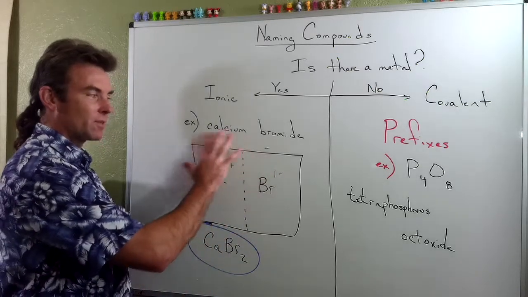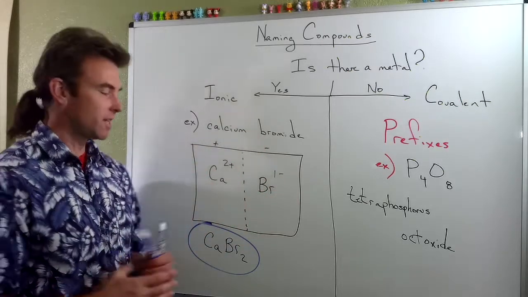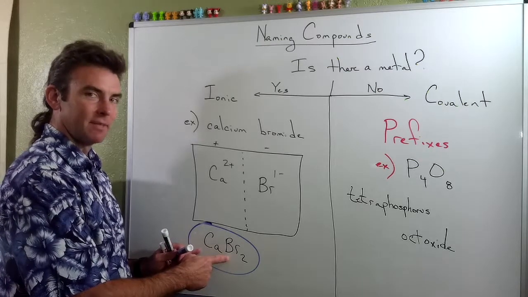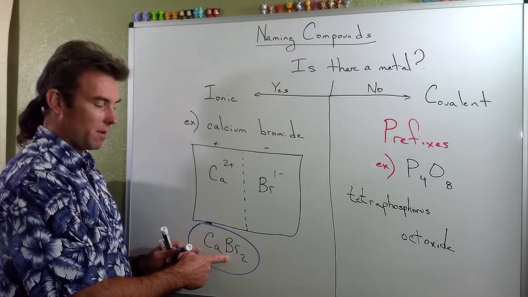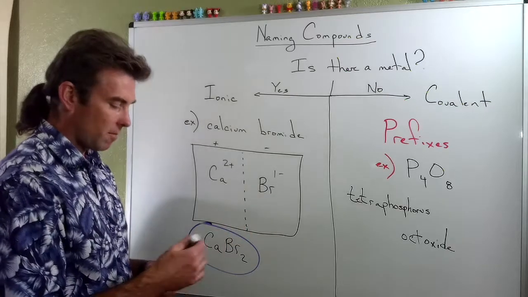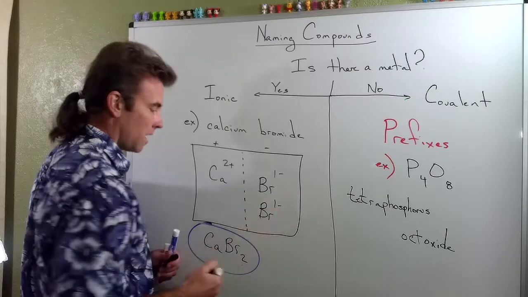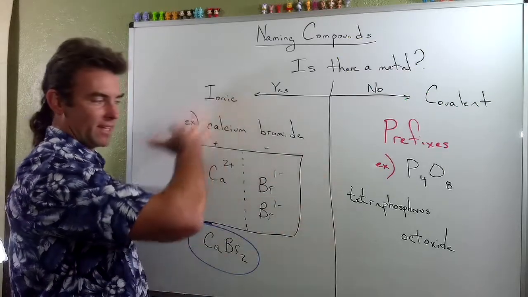So what about this work area, right? Well, what I want to make sure that I do at the beginning here is to communicate to you what exactly this formula is telling us. And if you've done Lewis structures, you probably are not going to be surprised what I write. But what it means is that I actually need 2 of these Br minuses in order to maintain the electrical neutrality of the entire system here, right?